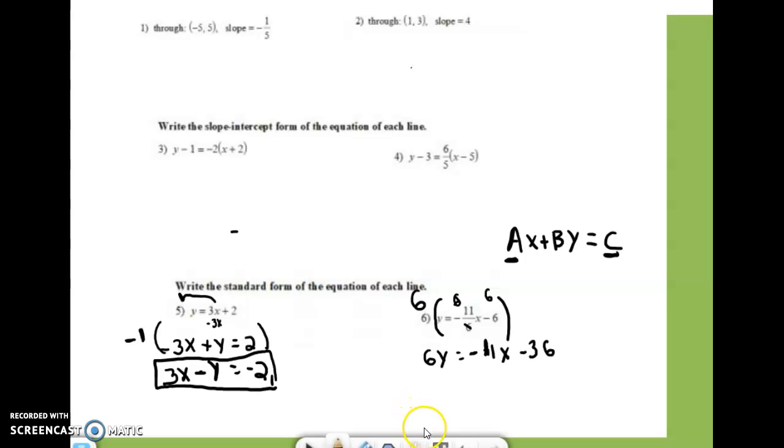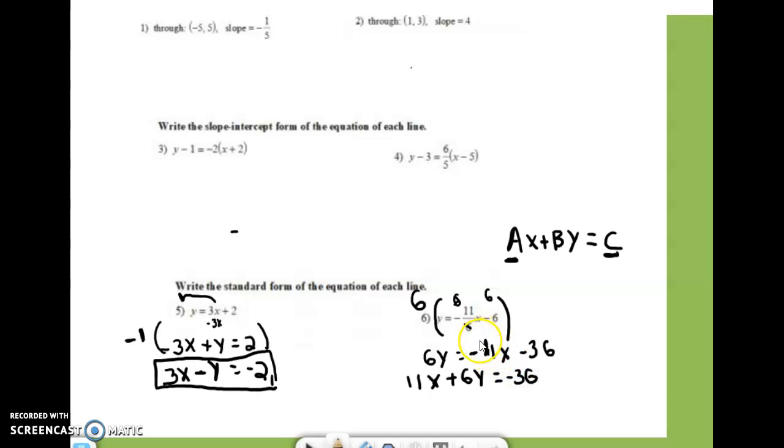Okay. Now my job is to go ahead and move this over to the other side because I want the x's and the y on one side. So to get rid of a negative 11x, I'm going to add 11x, so 11x plus 6y equals negative 36.